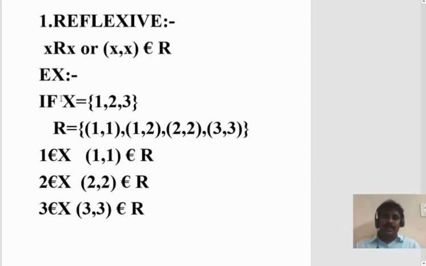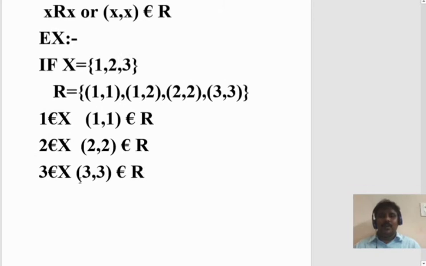He has given X equal to 1 to 3 and the relation (1,1), (1,2), (2,2), (3,3). We have to check whether this relation satisfies the reflexive property. First we take 1. 1 belongs to X, now (1,1) must belong to R. Yes. Next 2 belongs to X, that means (2,2) belongs to R. Yes.